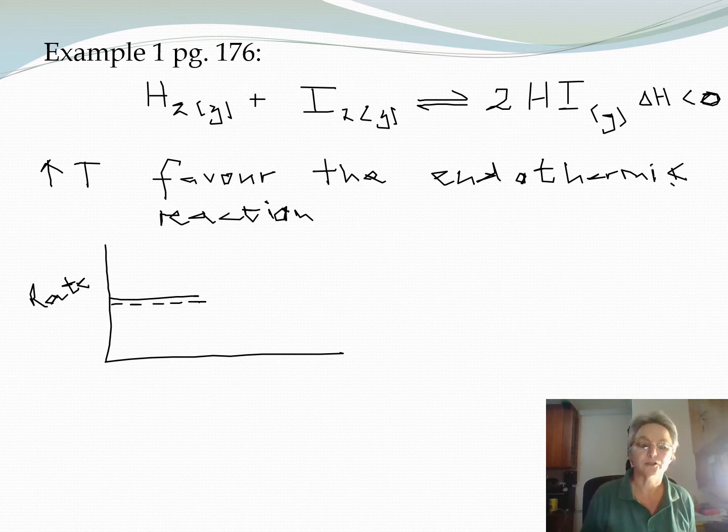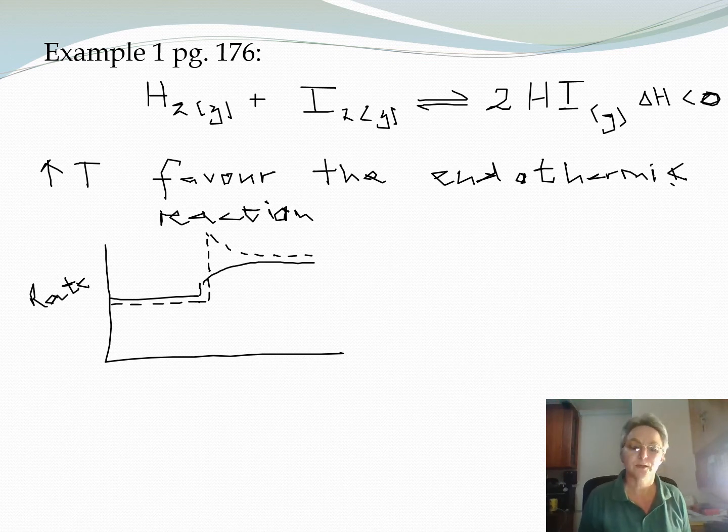Both reactions will increase though. So the forward reaction, which is exothermic, increases a little bit, and the reverse reaction will increase in rate a lot. New equilibrium is established when the reaction rate of the reverse reaction decreases and the reaction rate of the forward reaction will increase.